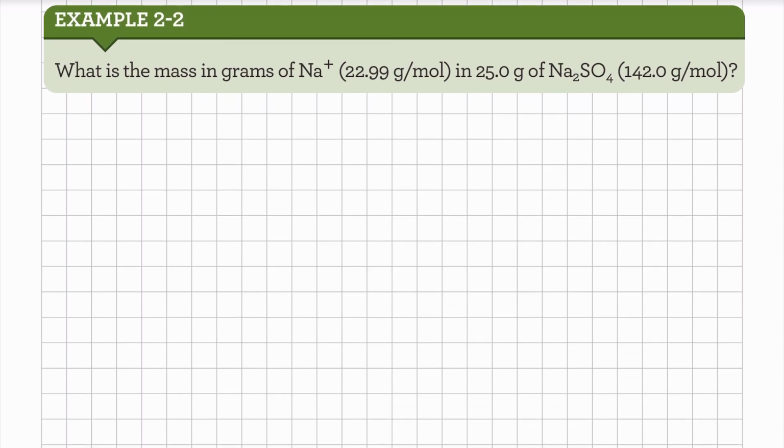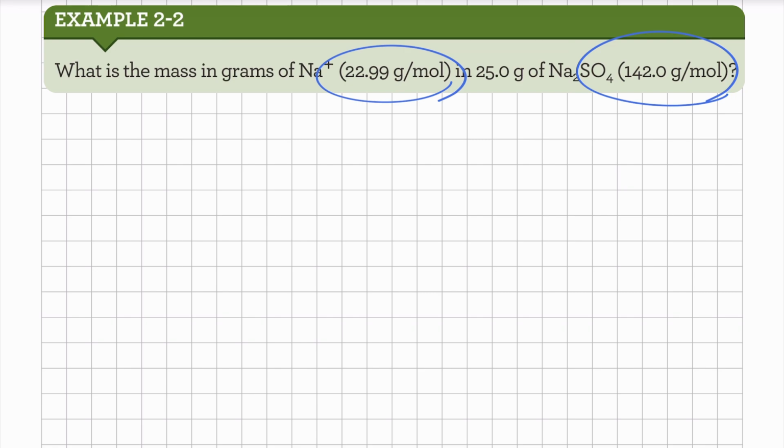Okay, now let's take a look at this question. It says, what is the mass in grams of sodium ion in 25 grams of Na2SO4? Again, as is seen here, the molar masses of sodium ion and Na2SO4 are already given in the question.